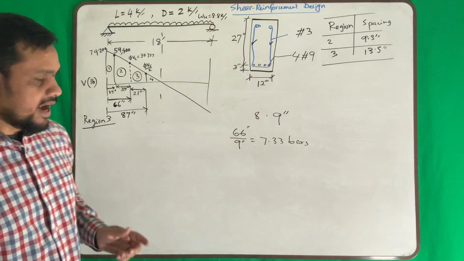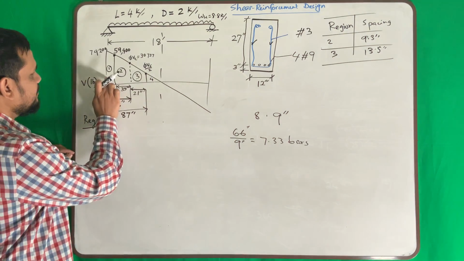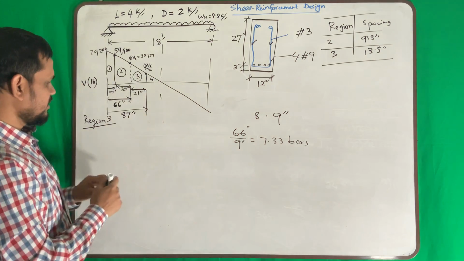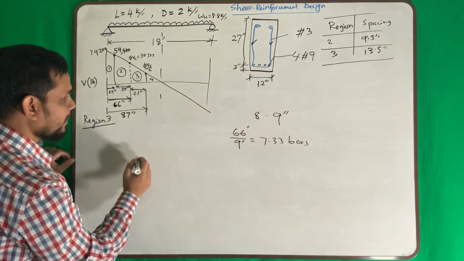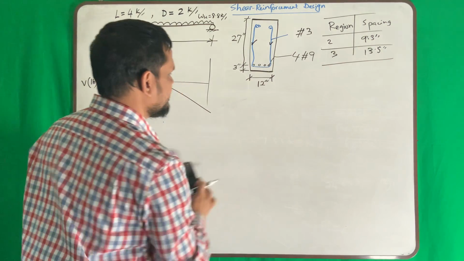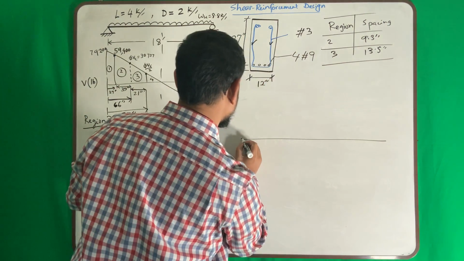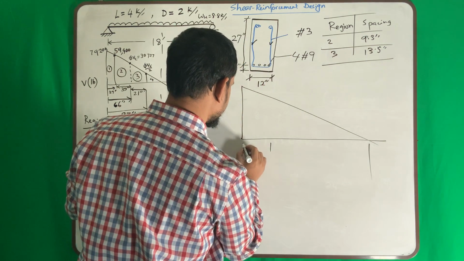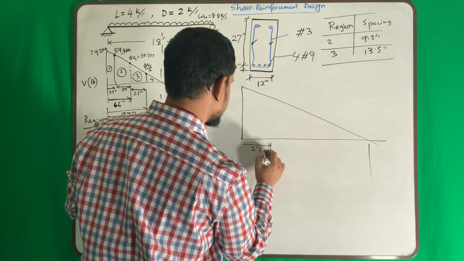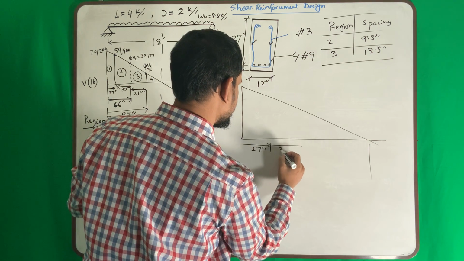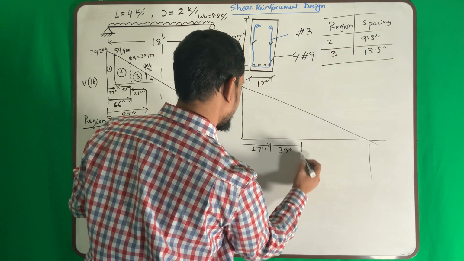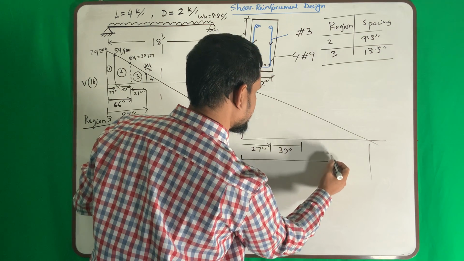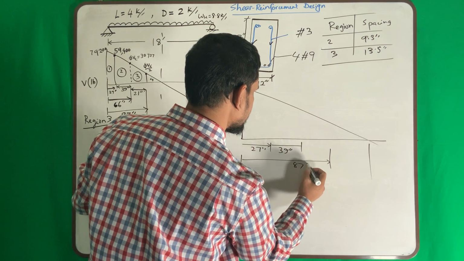Okay, now there's another discussion. At the beginning, I cannot provide at 9 inch. I have to provide at half of this. So if I make this space bigger, say here to here, this portion is 27 inch, then this portion is 39 inch, then here to here another portion that is 87 inch.